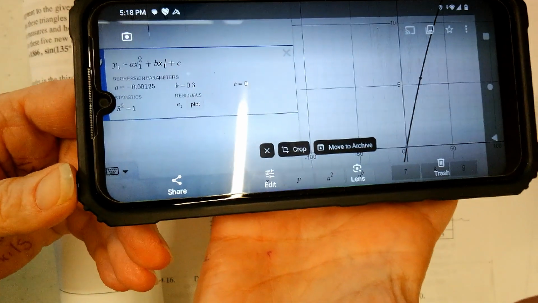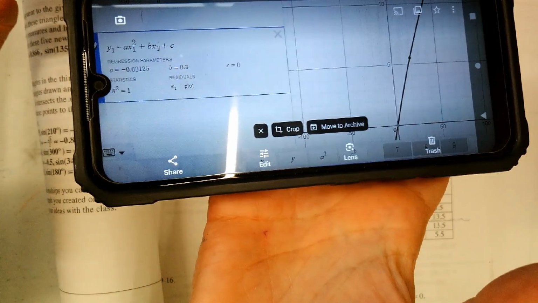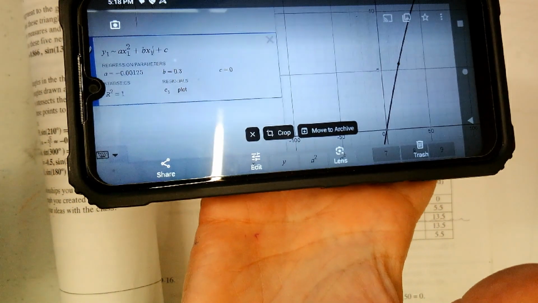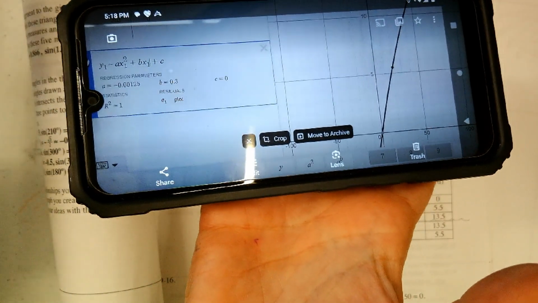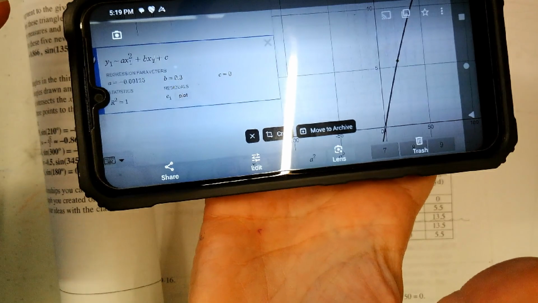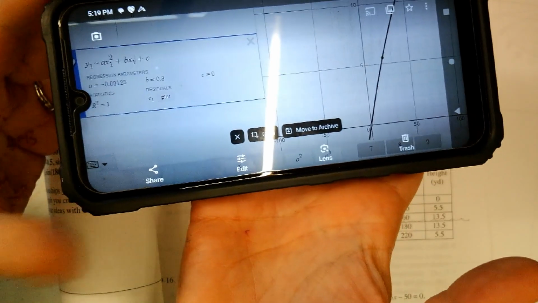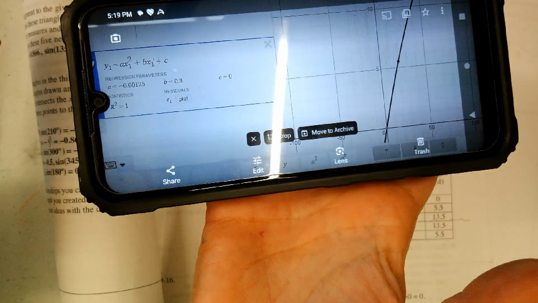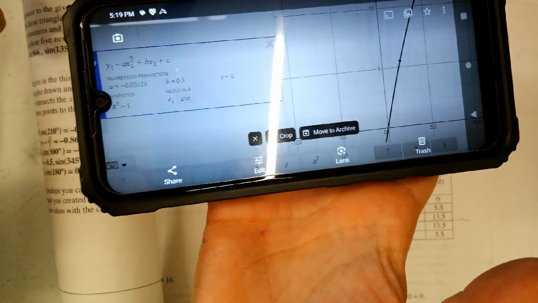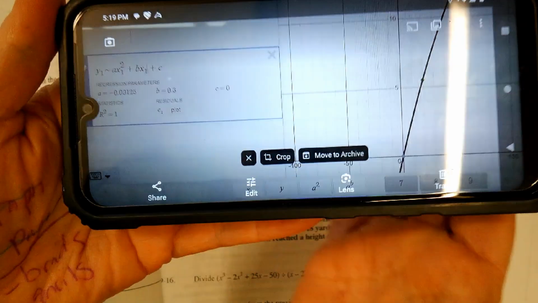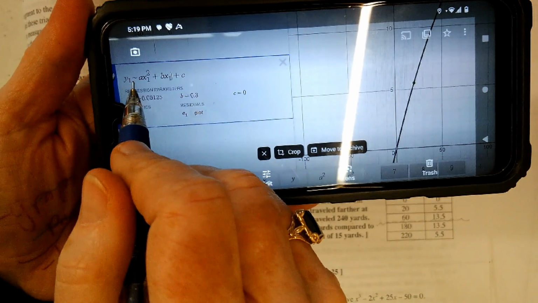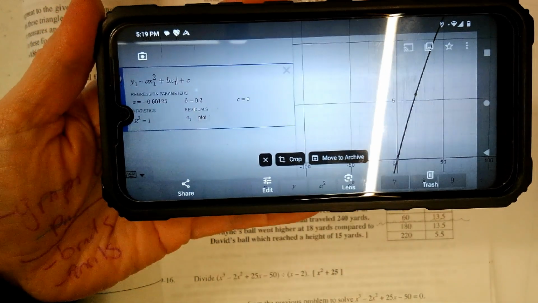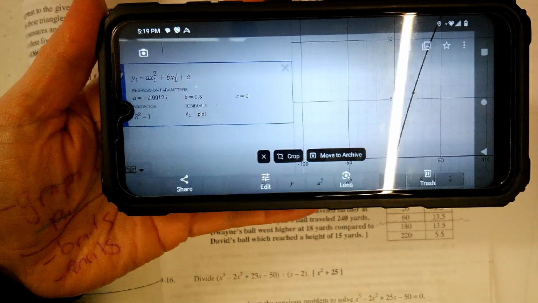So the way to do a regression model, like remember when you used to do line of best fit? The regression model for a parabola, because we know it's a parabola, is y equals ax squared plus bx plus c. That's standard form. And if you use this little tilde thing, you can look on your keyboard for it. Mine is on the upper left.